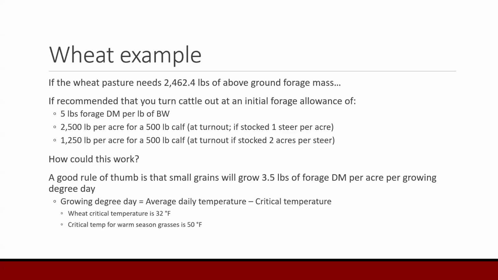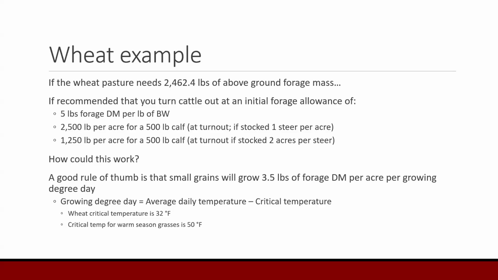Okay. So a good rule of thumb is that small grains, so winter annual pastures, will grow 3.5 pounds of forage dry matter per acre per growing degree day. We talked about this in our last lecture. A growing degree day is calculated as average daily temperature minus that plant's critical temperature.